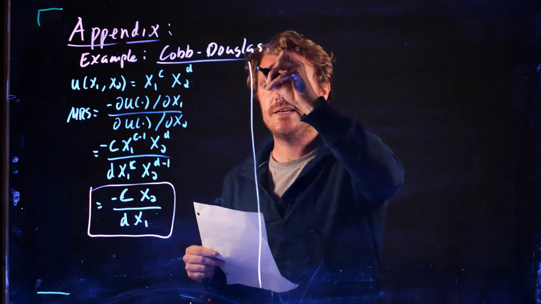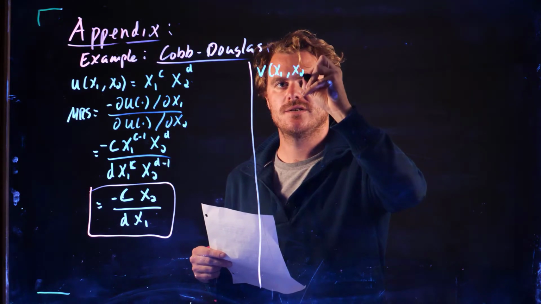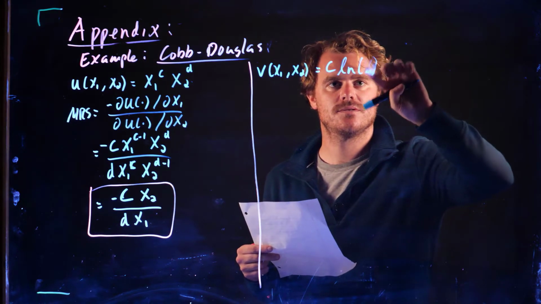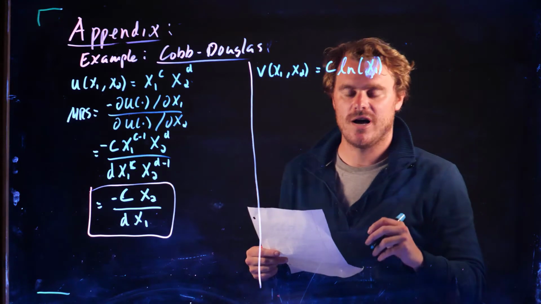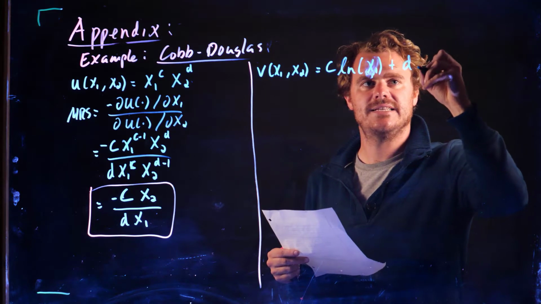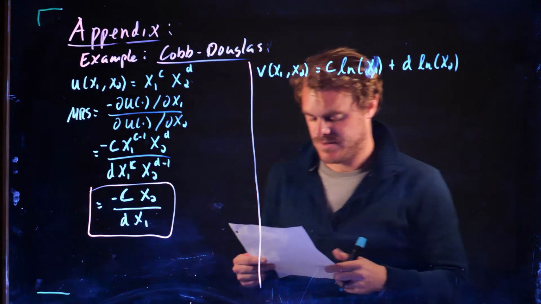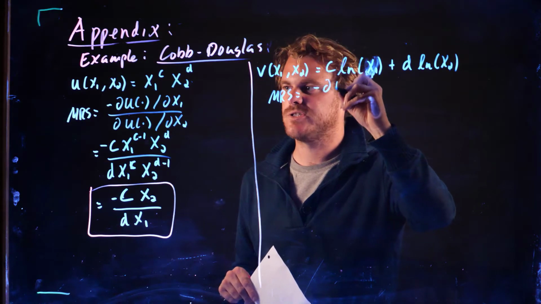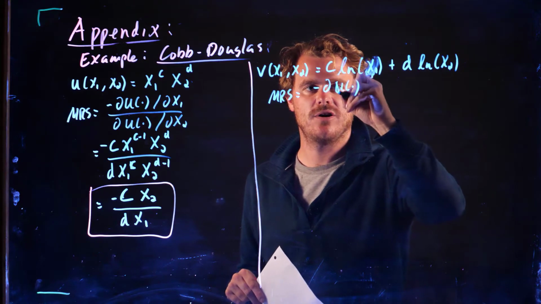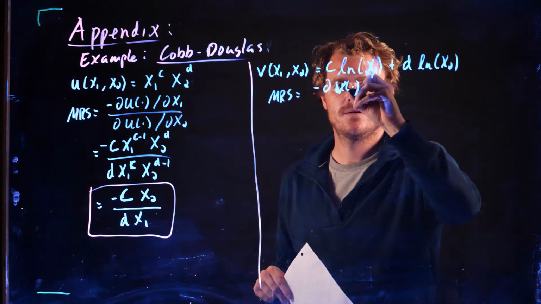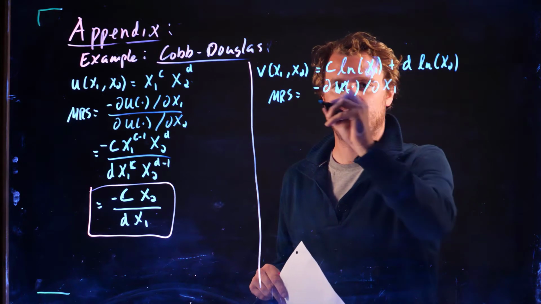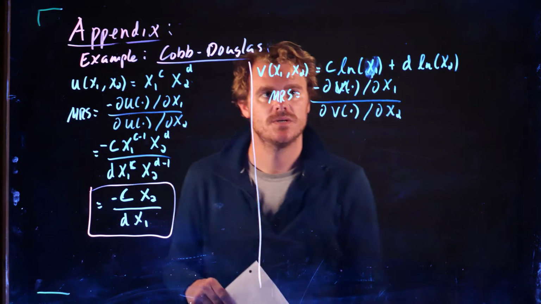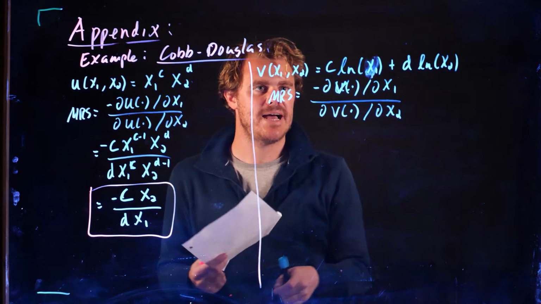Now, remember, a different way of representing these Cobb-Douglas utility functions was with the log, right? c times the natural log of x1 plus d times the natural log of x2. Well, we know that the marginal rate of substitution is minus the partial of this utility function, and I can call it v here if that makes it a little better, with respect to x1 over the derivative of this v function with respect to x2. So we're taking the derivative of this with respect to x1.